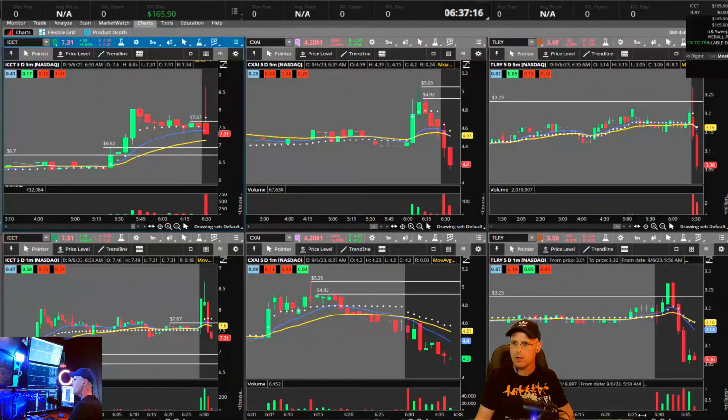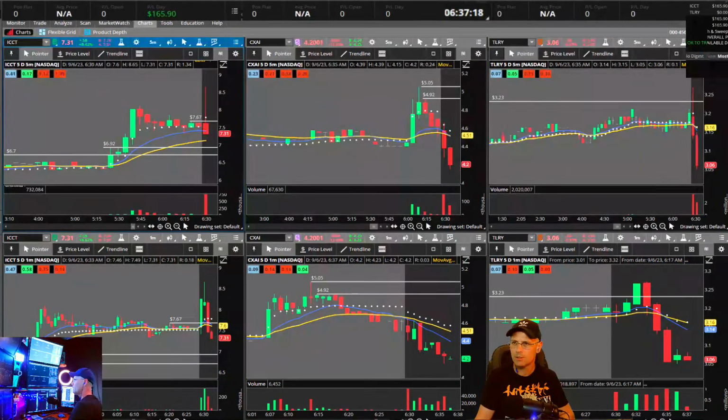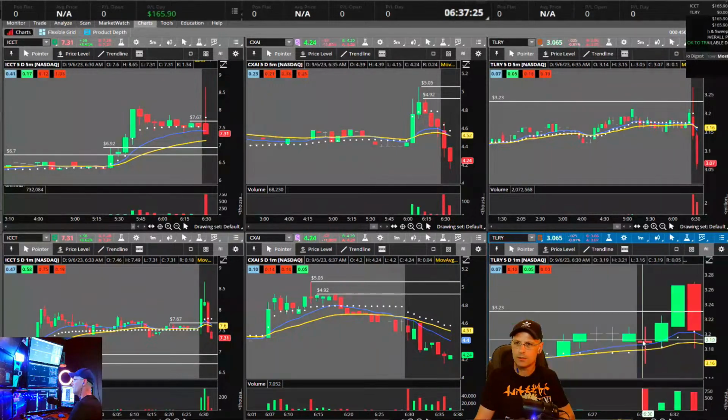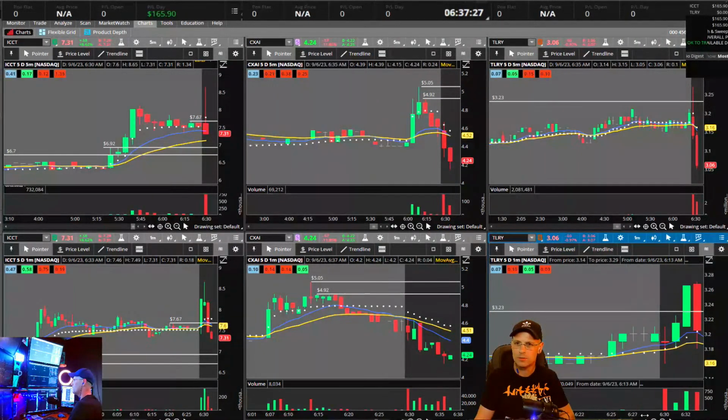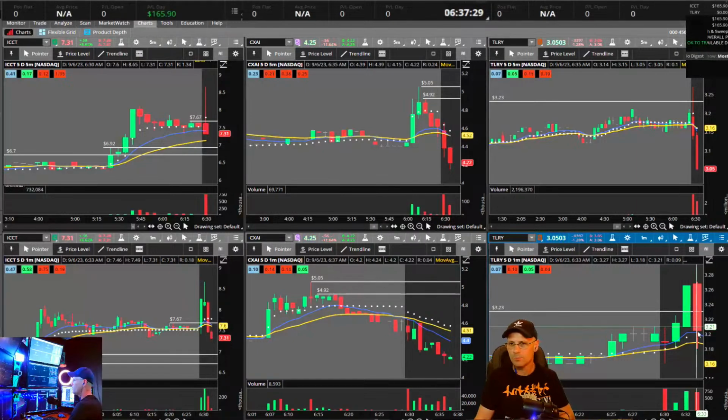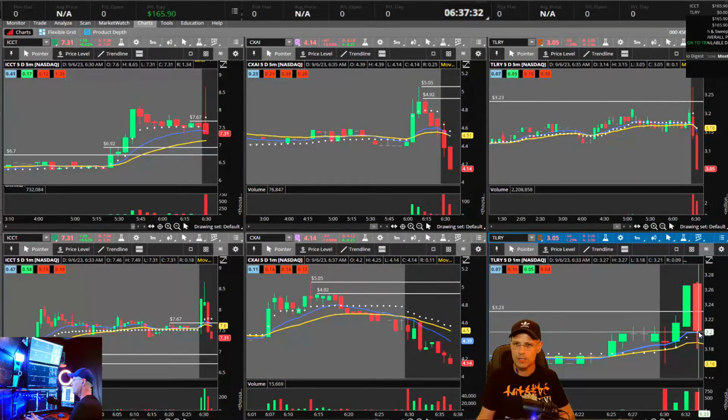I don't know if you saw it because I didn't have the screen up there, but I jumped into TLRY when I pulled this up. It looked like this pretty much. It came down to the volume weighted average price, and as I got my order set up to go, it dropped down a little bit further. I jumped in it.